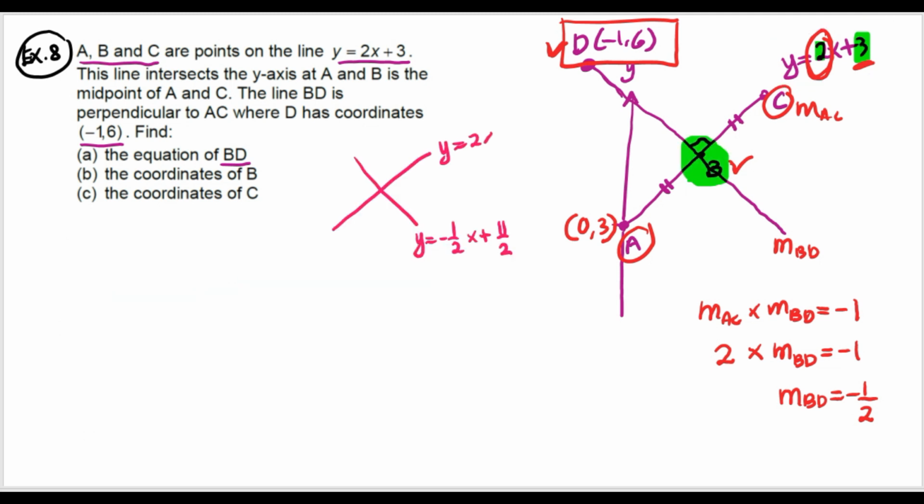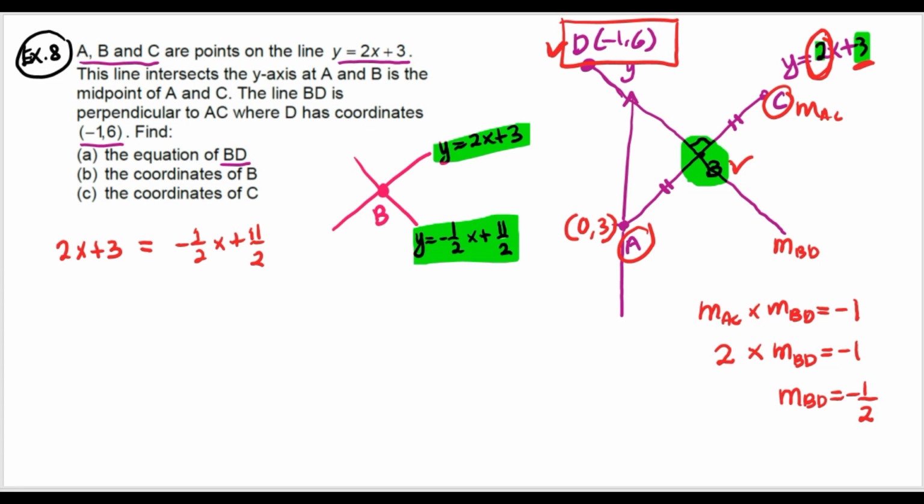Because B is the intersection point, therefore we can equate these two equations to get the value for X. So we have 2x plus 3 equal to -half X plus 11 over 2, because they intersect.